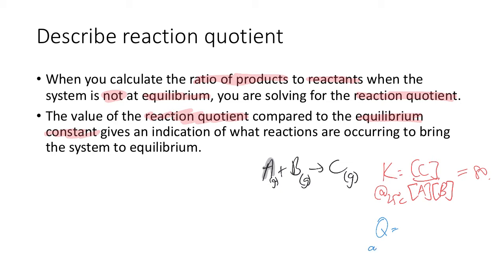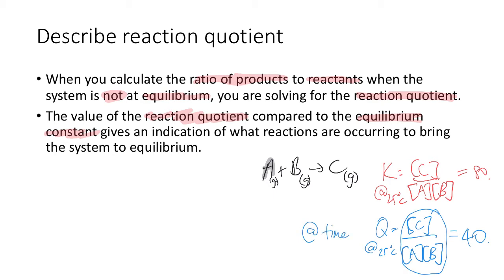However, if you were to do this when it's not at equilibrium, we give it a Q at 25 degrees Celsius. You take that same equation, C over A multiplied by B concentrations, but it's not at equilibrium yet. It might be 40 when you put those values in at that instant in time, say 20 seconds before it can reach equilibrium.